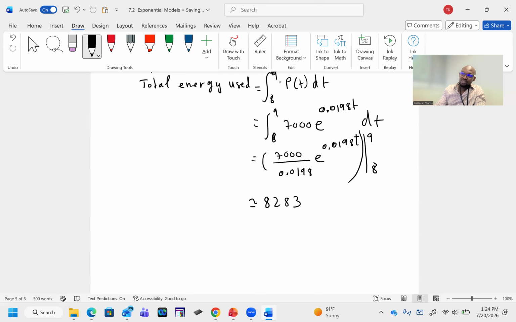So to convert megawatt, we multiply by 8,760 hours per year to get the total energy.